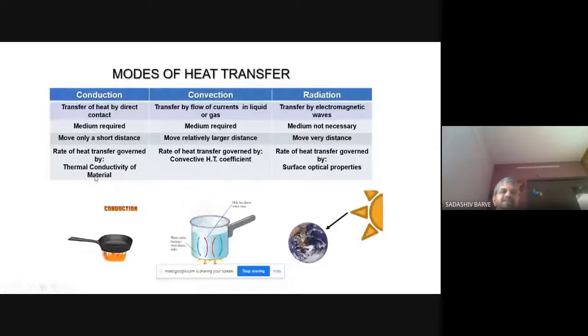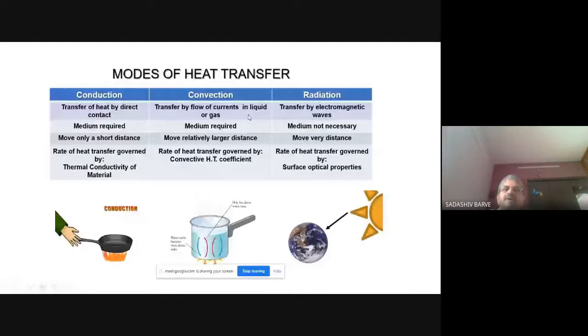While in the case of convection, which in day-to-day life we experience in our house, for example, with a small breeze we dry our clothes, or when we put any things outside, they get dried. That is one best example of convection. The transfer of heat here is by the flow of currents in the liquid.